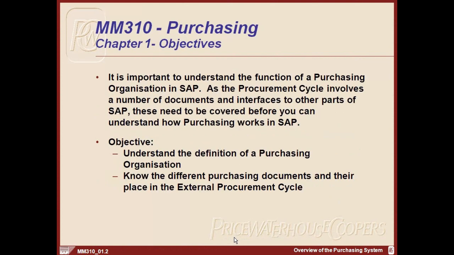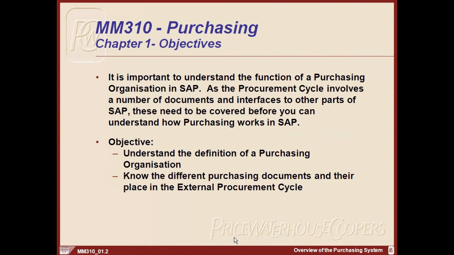Okay, so it's important to understand the function of a purchasing organization in SAP. Why? Because purchasing is the major topic in material management, and you should know which department is responsible for carrying out the various tasks in purchasing. Obviously, it is the purchasing department.